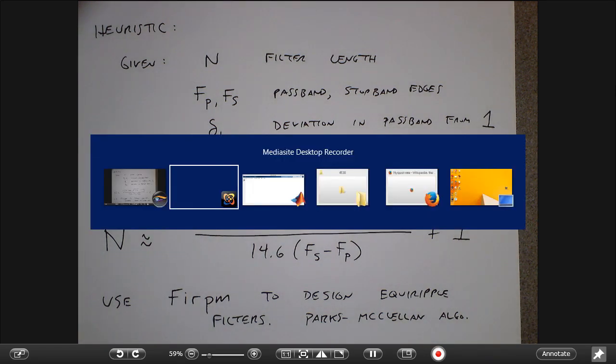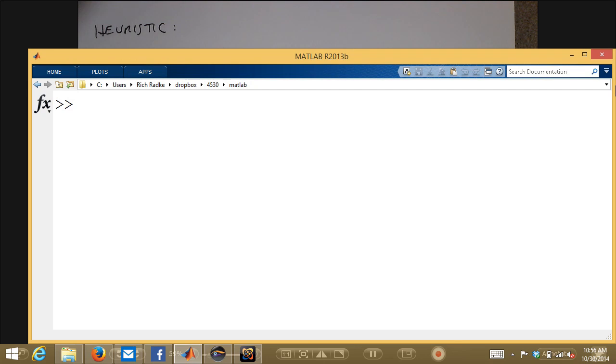For the Parkes-McClellan algorithm, I need to define a set of passband and stopband regions, and then what I want the amplitude to be in those regions. I specify some edges like this, and then I specify some values like this.